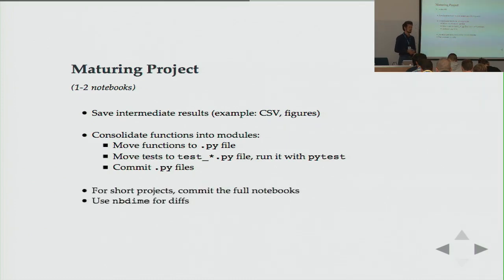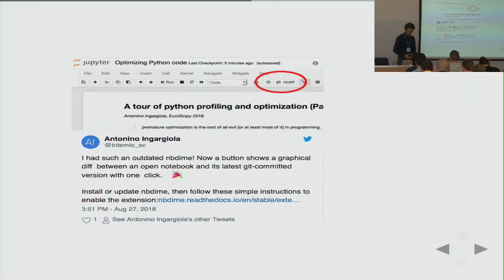And for short projects, if you know that the project will not last long, you don't have huge notebooks, you can even commit the full notebook with all the figures to a Git repository. And nbdime is a really cool tool to do diffs between notebooks. I recently updated it, because I had a very old version, and I found that now there is a button that shows up in the notebook that allows you to see a graphical diff between your current notebook and the last committed version.